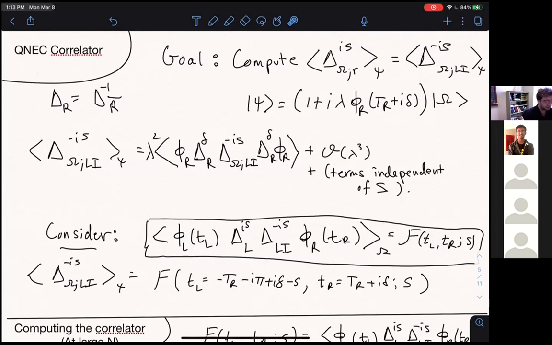This is what I was saying earlier. This thing is a bit more mysterious, but we'll try and get a handle on it in a bit. But the point is that you can compute this correlation function and analytically continue in, say, T left and T right and get to this quantity. The particular analytic continuation is maybe not important for the talk, but just know that I'm really just going to compute this thing and then analytically continue it and get what I want.